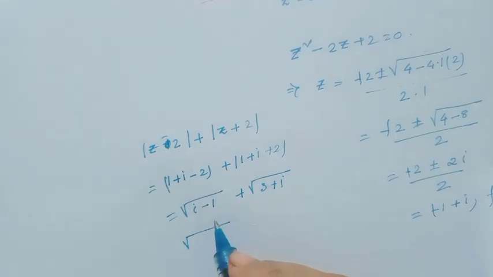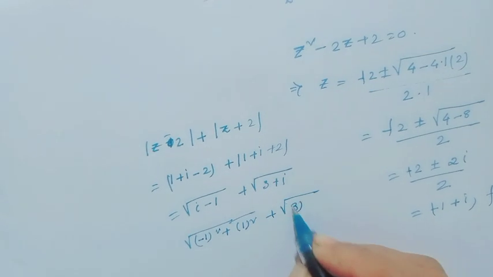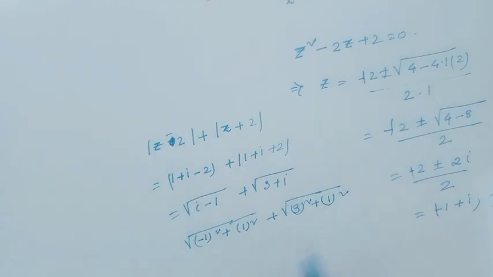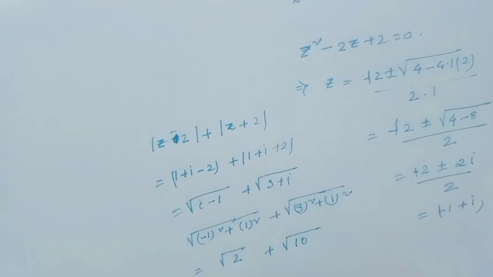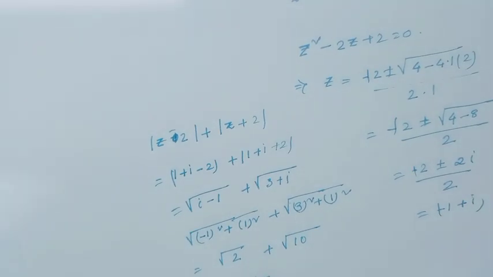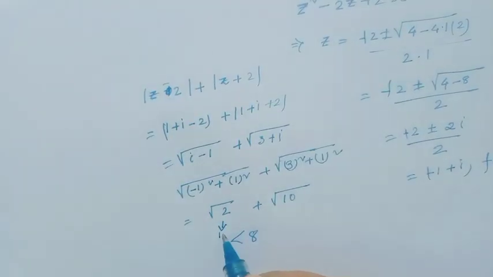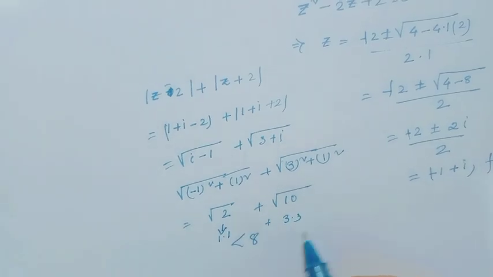This is equal to square root of (minus 1 squared plus 1 squared) plus square root of (3 squared plus 1 squared). This value is square root of 2 and this value is square root of 10, and this is always less than 8, because square root of 2 is something like 1.41 and square root of 10 is 3.16. So this is less than 8.